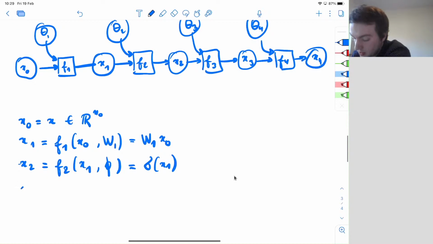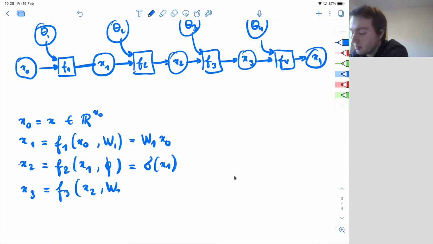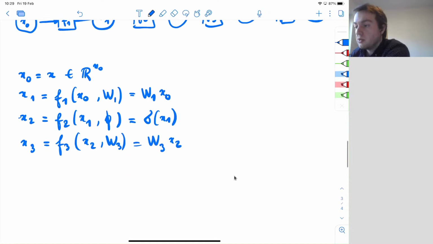Then we would go on. We would have f3 taking as input x2 and some parameters, W3, and we would produce W3 times x2.